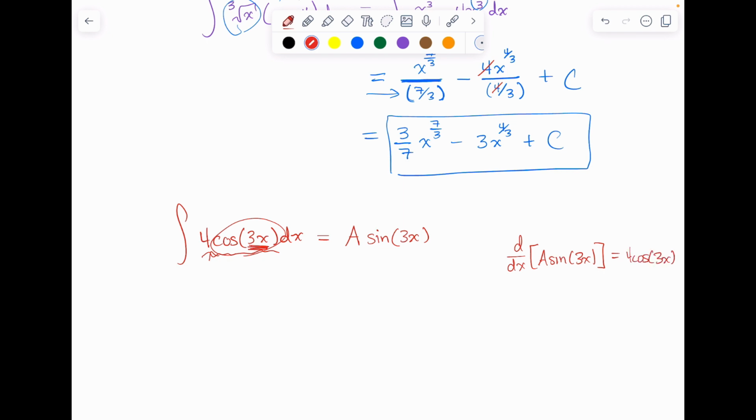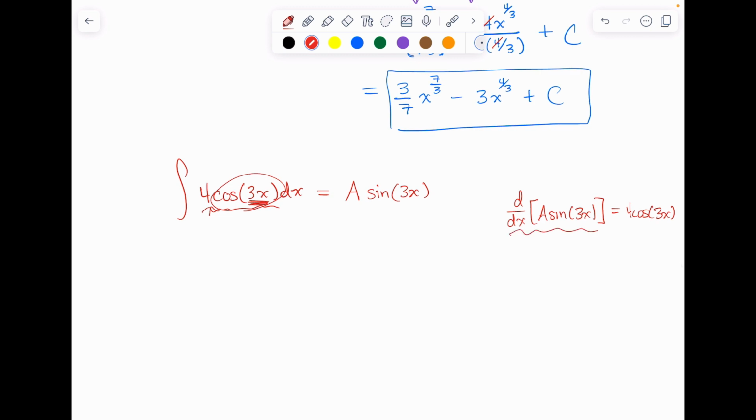That's my goal. Now, if I just do this derivative, I know how to do that, right? If a is a constant, I know that the chain rule is going to happen, right? So if you know your chain rule, that's going to be a cosine of 3x times 3. And that should be equal to 4 cosine of 3x.